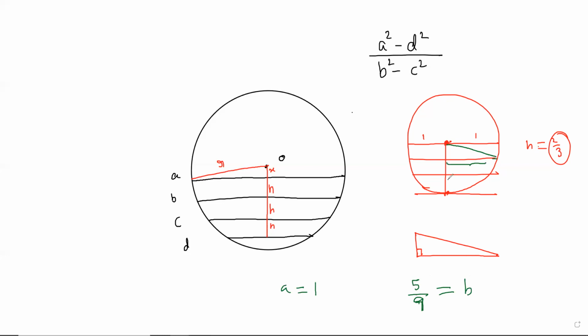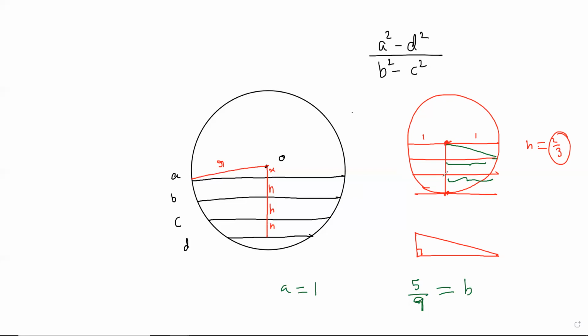And similarly, can you find out this one? That is B by 2 whole square, 5 by 9. I had found that for half of B, right?